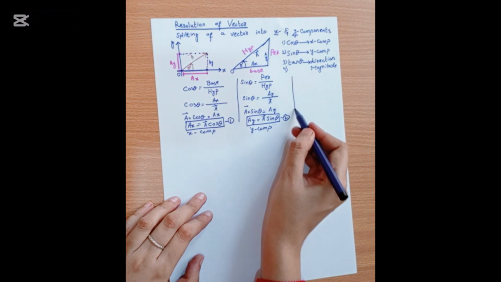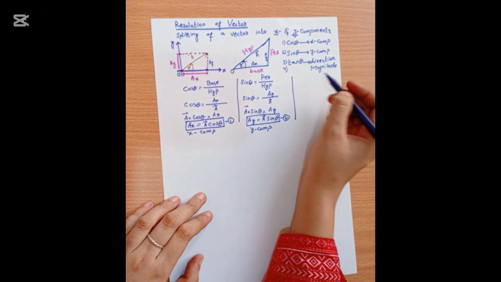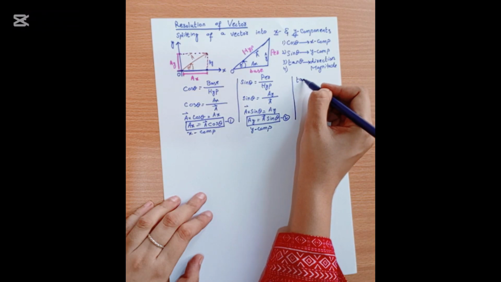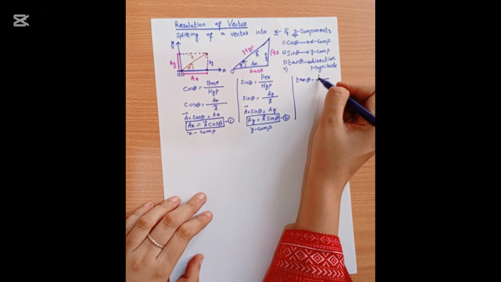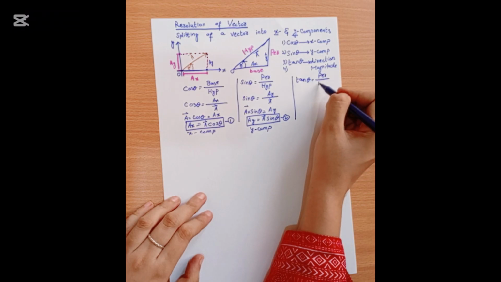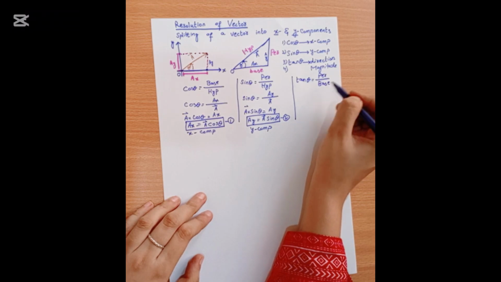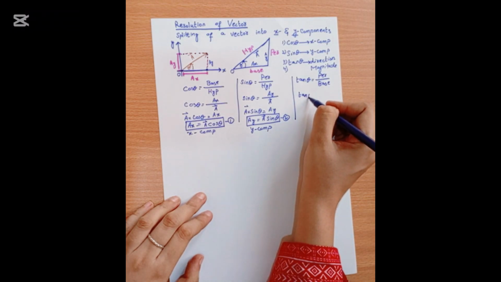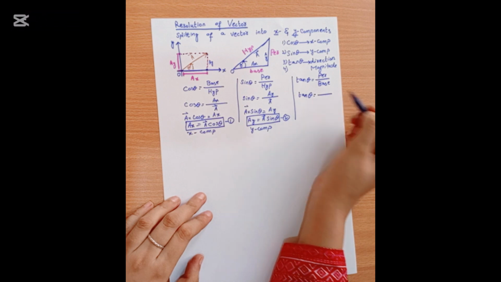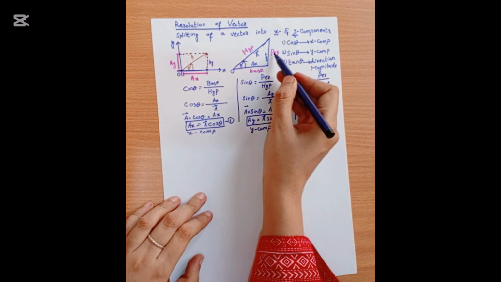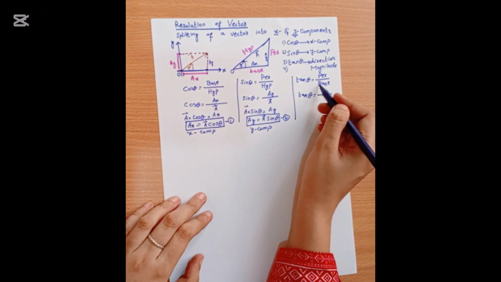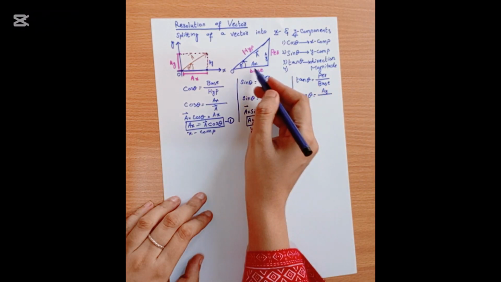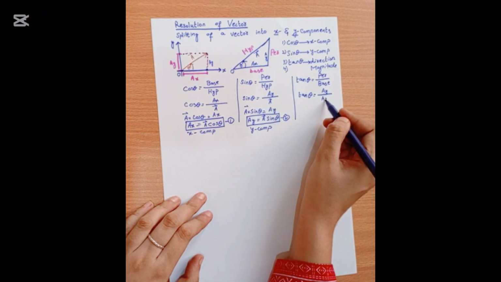Now let's solve the direction. For direction we are going to choose tangent of theta, which is equal to perpendicular upon base. Tangent theta is equal to perpendicular. On perpendicular we have AY, so write AY. On base we have AX, write AX.